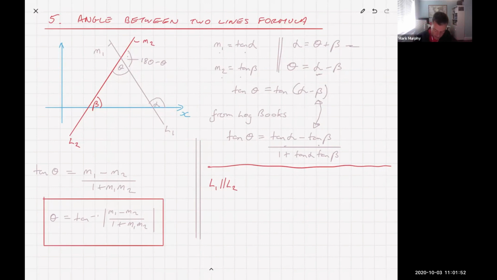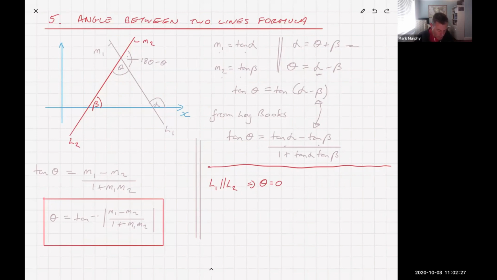So we'd say, therefore, theta equals 0. If theta equals 0, then you're saying that this value, M1 minus M2 over 1 plus M1 M2, equals 0. Hold on, that's wrong, because the tan of 0 is 0.